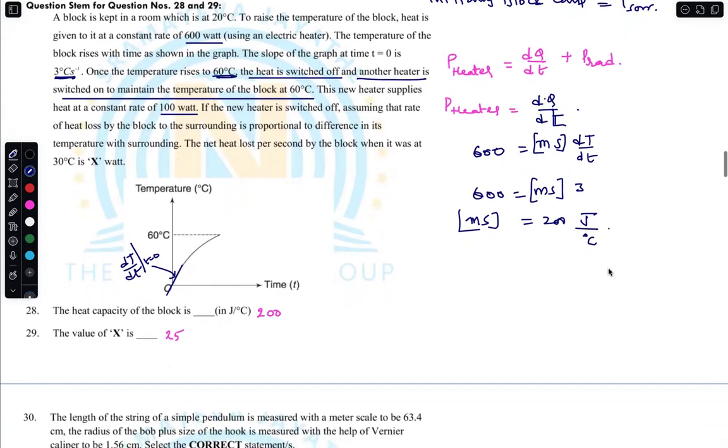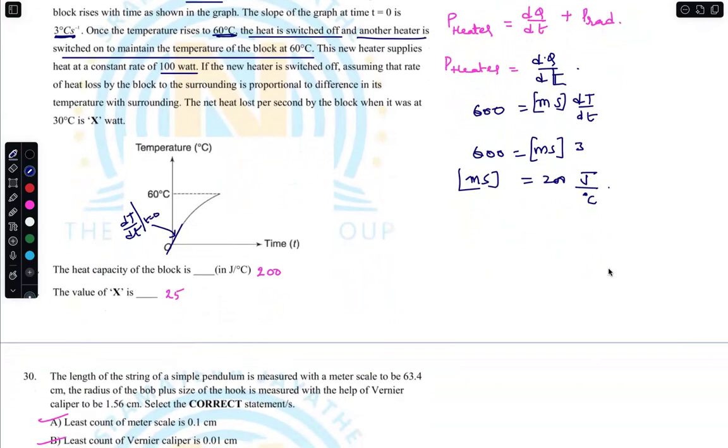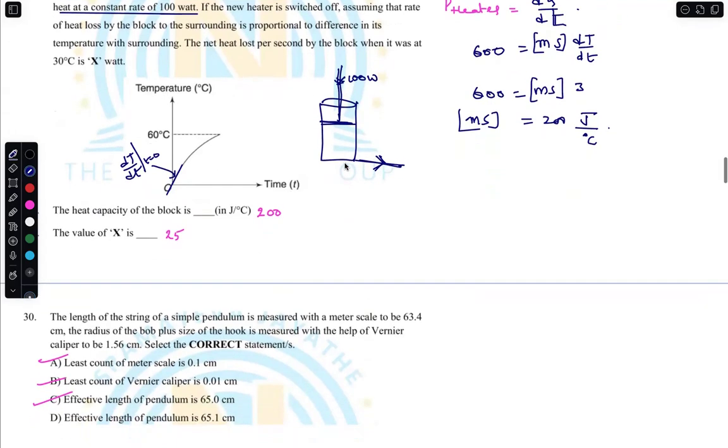Now you go for the second part of the question. At 60 degrees centigrade, you said the new heater supplies heat at 100 watt. In this question, you are giving 100 watt heat, still the temperature remains constant. How is this possible? The rate at which radiation takes place is the same rate at which heat is given into the system.